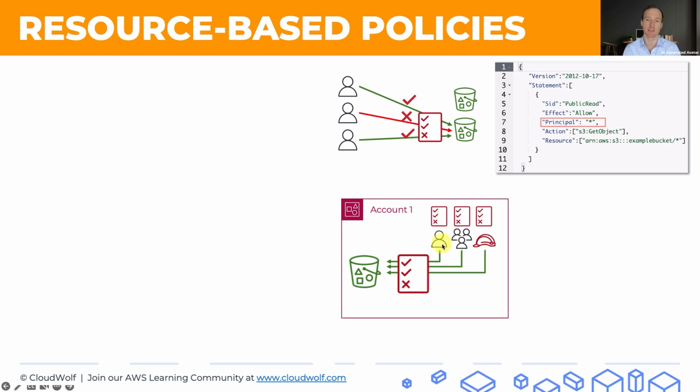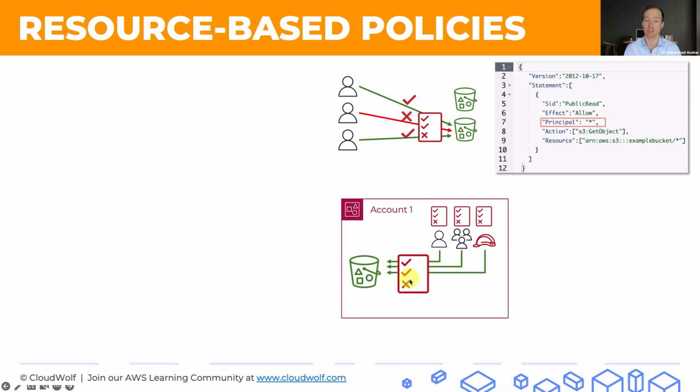So let's say for this user over here, what will be evaluated is their identity-based policy, looking for any statements relating to this bucket, and AWS will also evaluate this resource-based policy and look for any statements related to this identity. And then the combination of those will be applied.